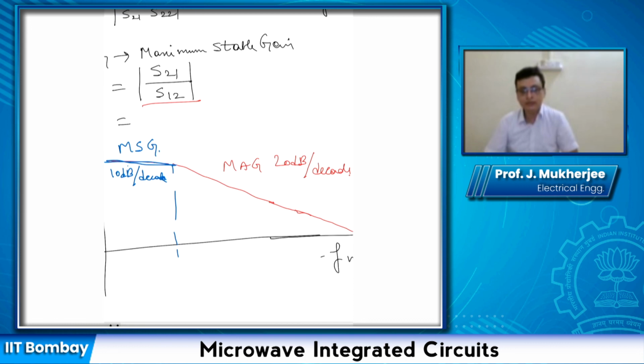So at this frequency, the transistor no longer acts like an active device, it becomes a passive device. This is called F max and is another important parameter of any microwave transistor. This is in log F. This is in dB.